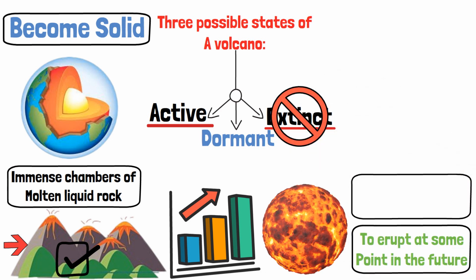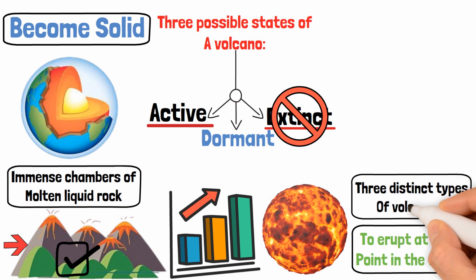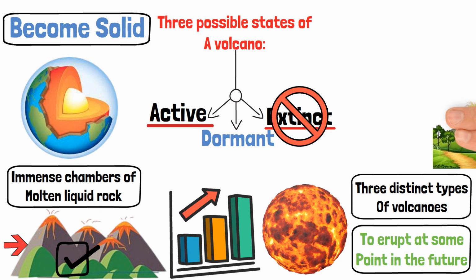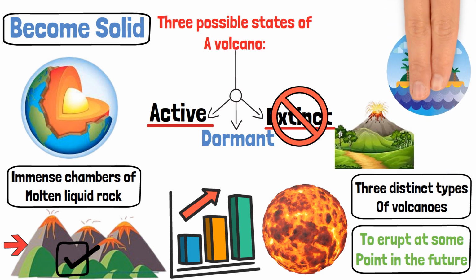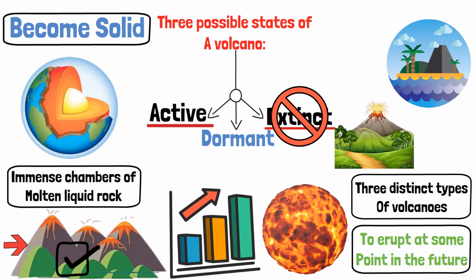Let's become familiar with three distinct types of volcanoes. Volcanoes that erupted millions of years ago contributed to the construction of the islands of Hawaii, which are instances of shield volcanoes. The islands of Hawaii emerged from the ocean.